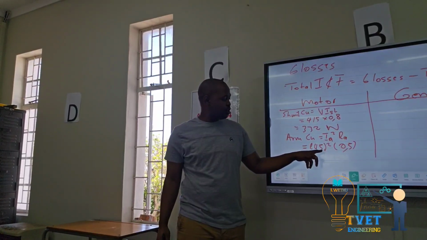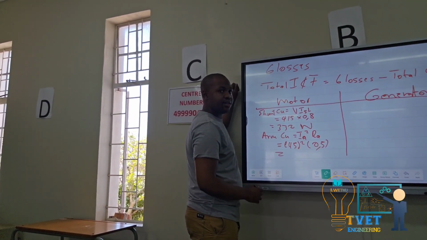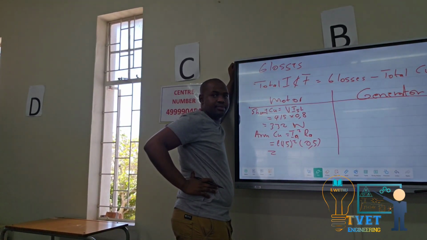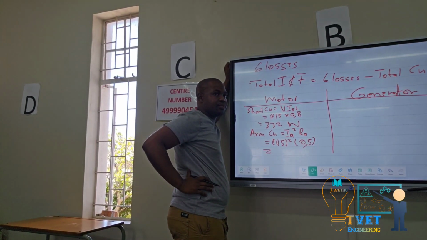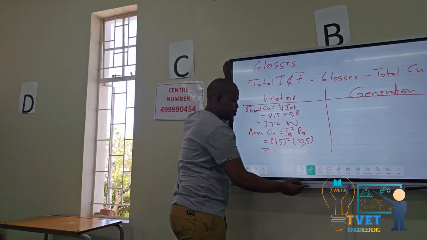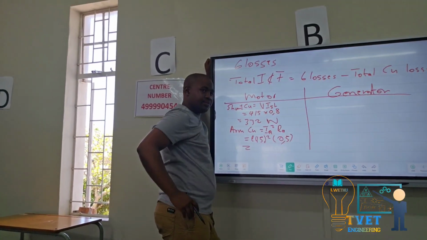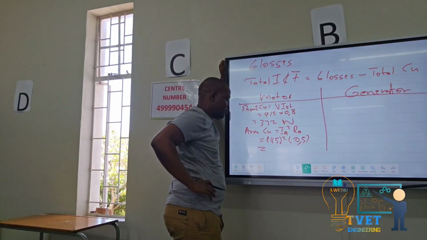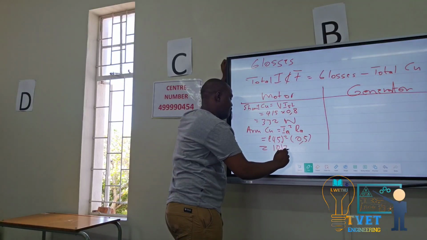When you are using current, you must put in the square.